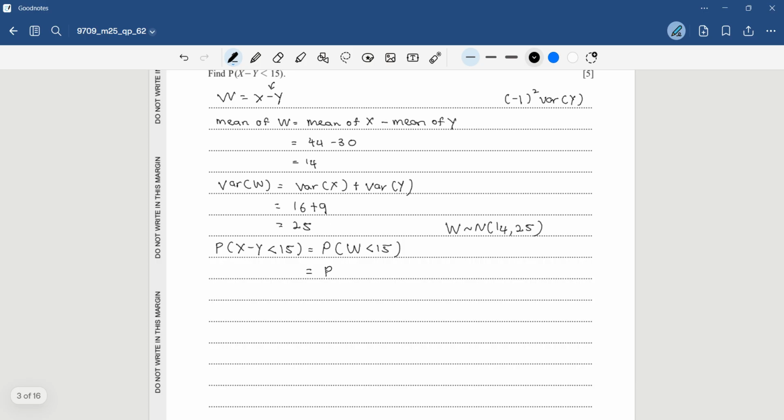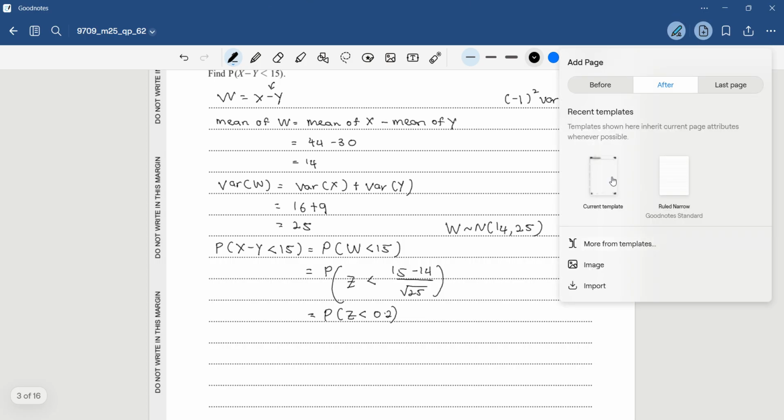So it's going to be the probability that the z score is less than (15 minus 14) over square root of 25, so the probability that z is less than 0.2. For this one we can use the normal distribution table.